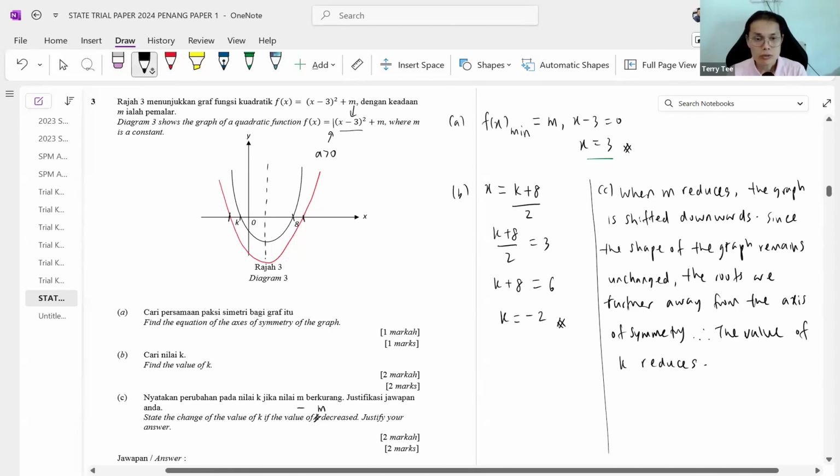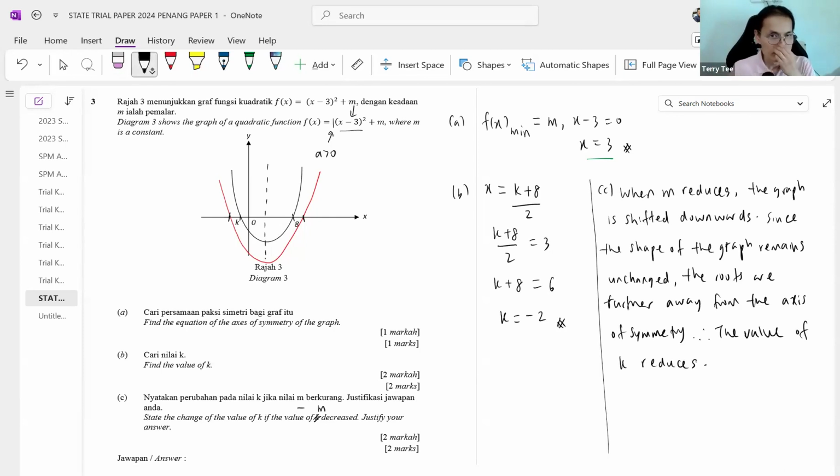Okay, so it didn't increase. I mean the shape remains unchanged, just shifting it down. So therefore, the roots are further away from the axis of symmetry, and your k will now be further, or should I say reduces? Before this is -2, now could be -3, -4, and so on.